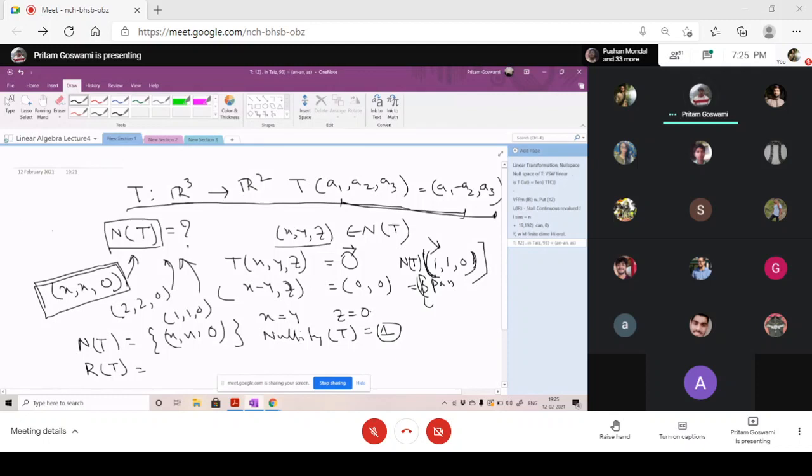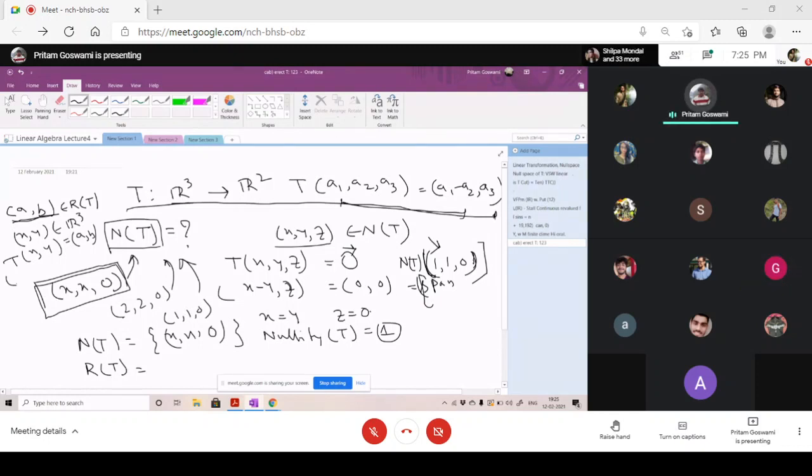Here I'm doing this. For that, let (a, b) belong to R(T). If (a, b) belongs to R(T), then there have to be some (x, y, z) in R3 such that T of (x, y, z) equals (a, b).